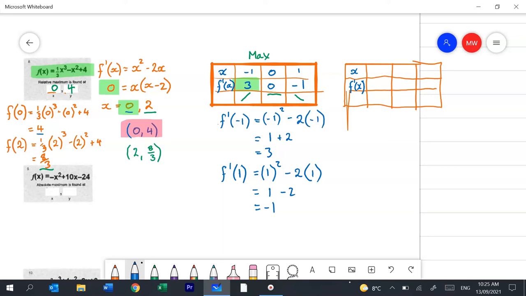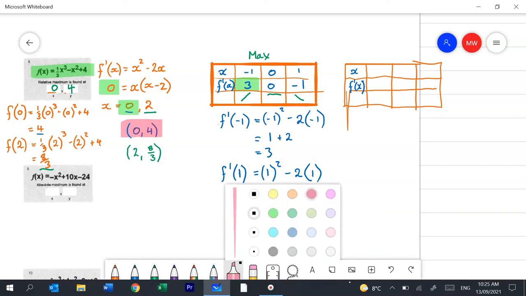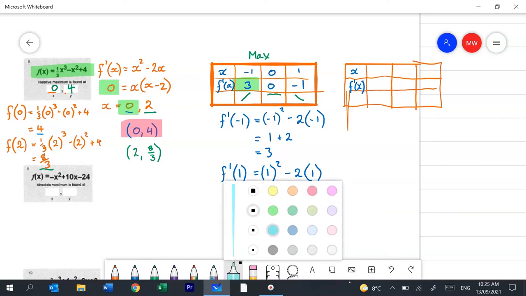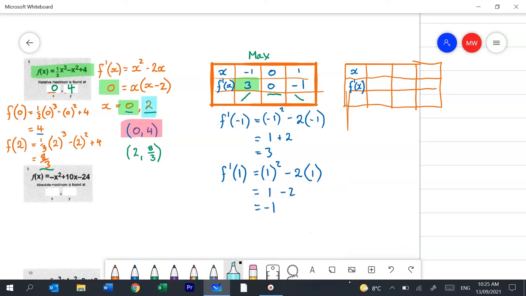And remember that the other point that we were testing was when x is 2, f dash x is 0. So we can write those ones in as well. So when x was 2, f dash of x was also 0. So it had no gradient. Great. We'll go one number either side. So we'll go down to 1 and we'll go up to 3 and we'll test those ones.